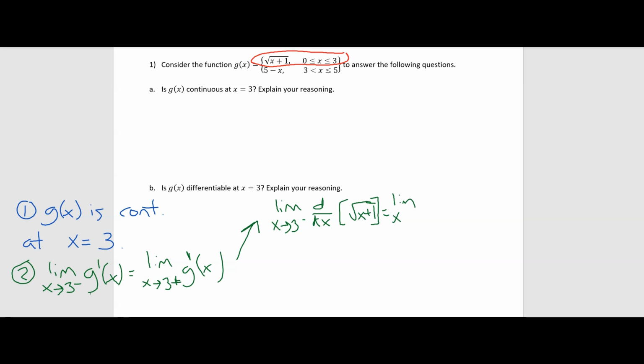That's equal to the limit as x approaches 3 from the positive side of the derivative of 5 minus x.